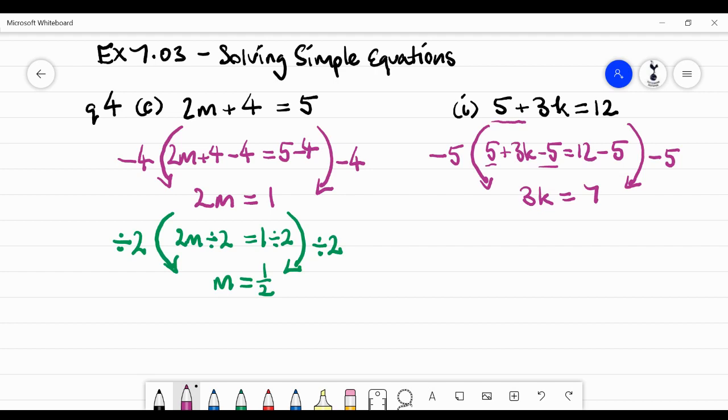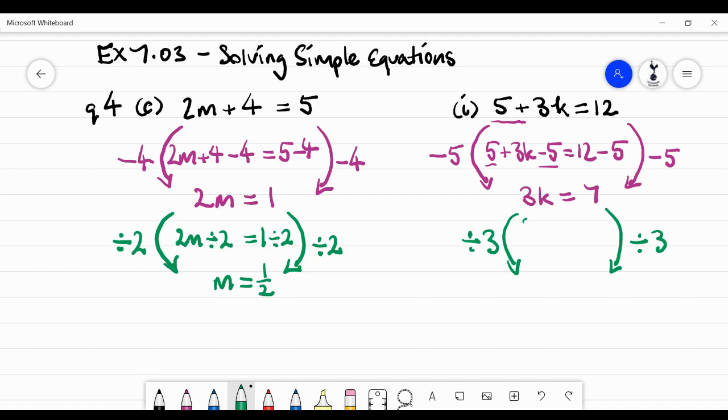So 3k is the same as k times 3. The next step we need to do: k times 3, the inverse operation to get back to k is divide by 3, which we need to do to both sides.